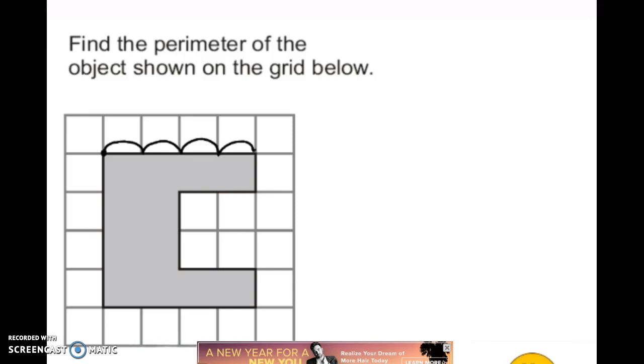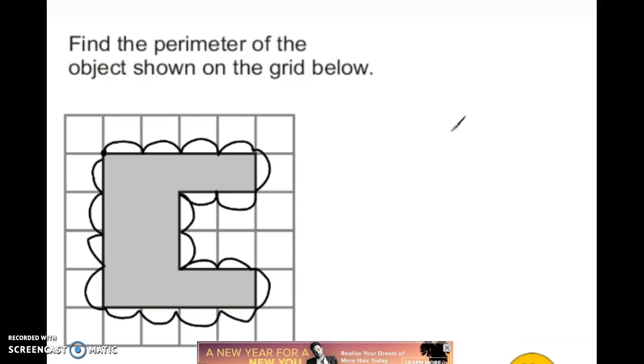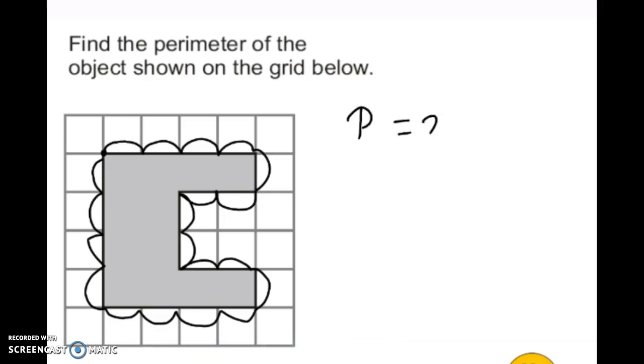So this is 4, 5, 6, 7, 8, 9, 10, 11, 12, 13, 14, 15, 16, 17, 18, 19, and 20. So just by using the grid located on the outside of this shape, we could just count by ones all the way around, and we would say the perimeter of this object is equal to 20 units.